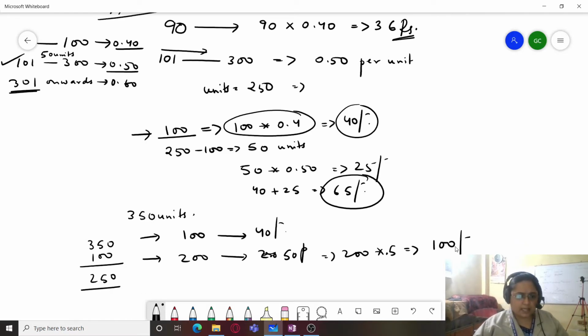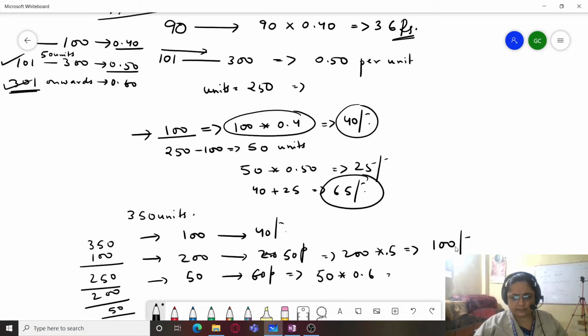Right? And you will be deducting 200 from this 250 also, which will give you the remaining 50. These 50 units fall within the third slab, and that will be charged at 60 paise per unit. So it will be 50 multiplied by 0.6, and that is 30 rupees you will have to pay.